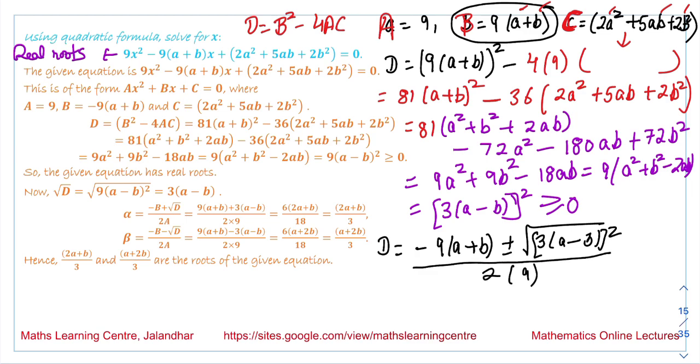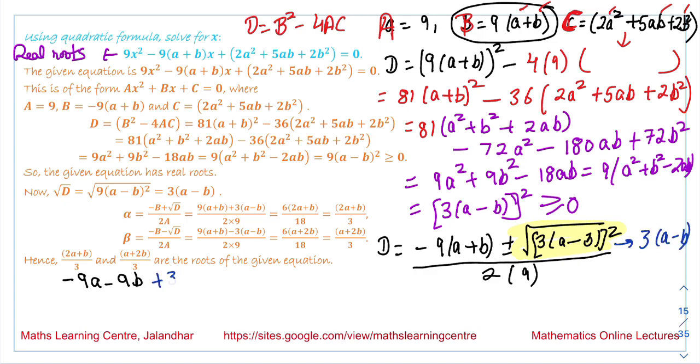So the values we are having over here are minus 9a minus 9b. Look at this term over here, it is the square root of this square term. So the answer for this term is 3 times (a minus b).